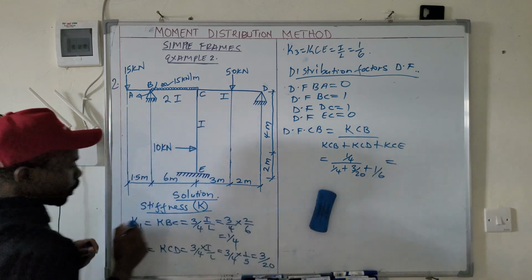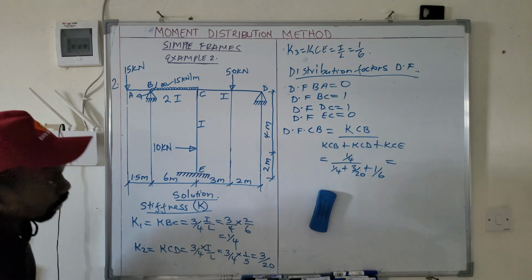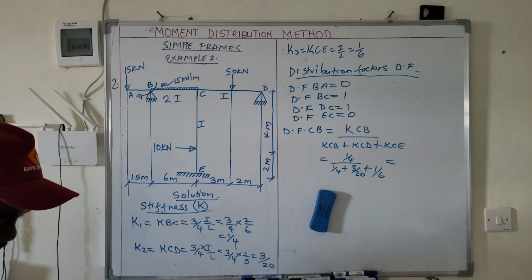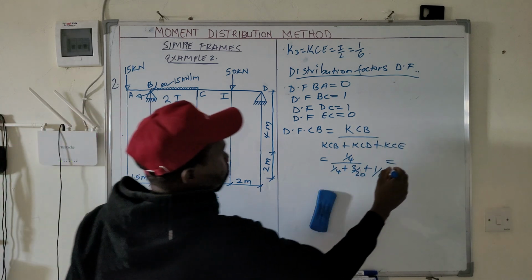So our distribution factor will be, just check your calculator, 1 over 4, you divide 1 over 4 plus 3 over 20 plus 1 over 6. So the answer is 15 over 34.